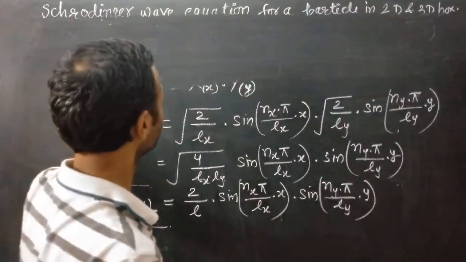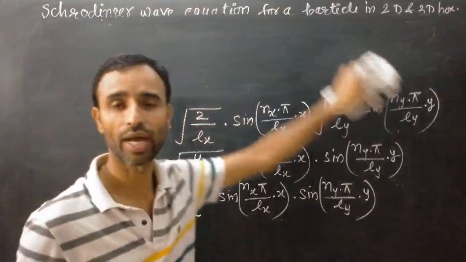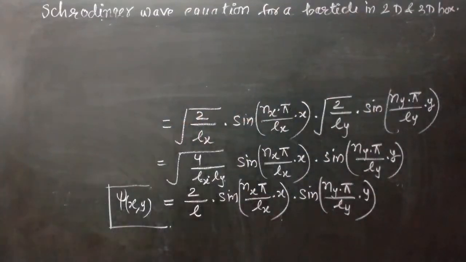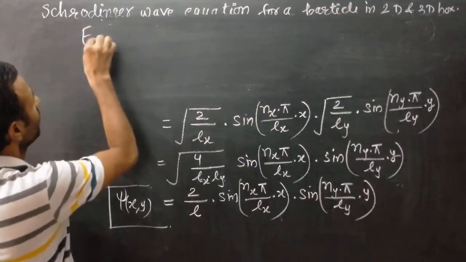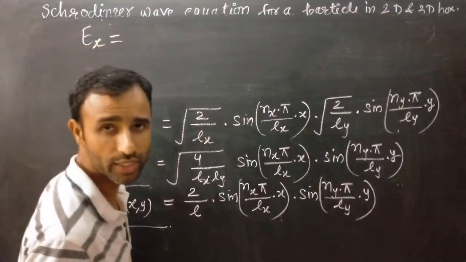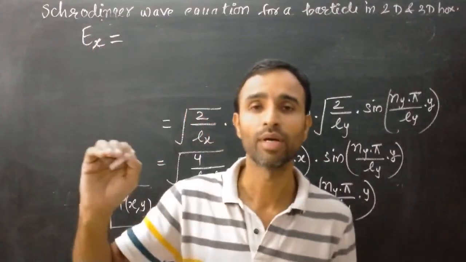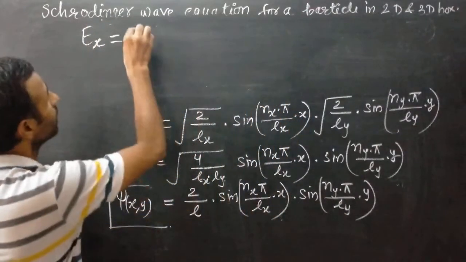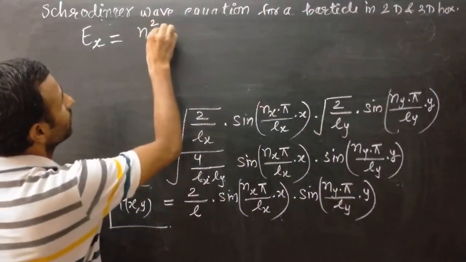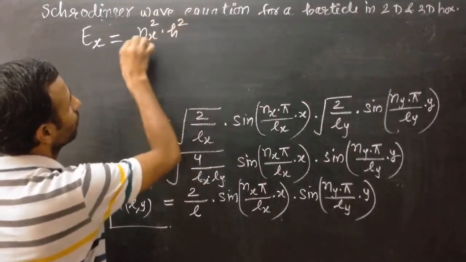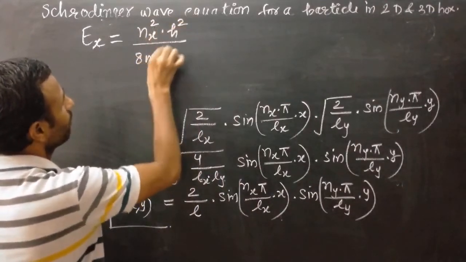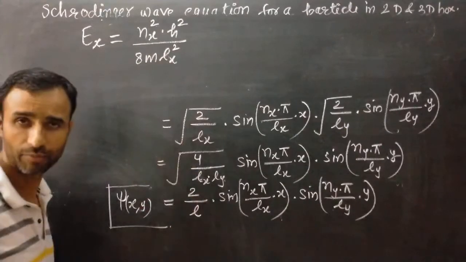Now the energies Ex and Ey. So Ex is equal to, yes, what is E? n²h²/8mL². So it becomes nx²h²/8mLx², right?